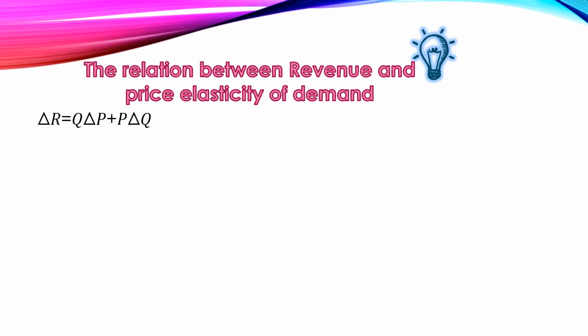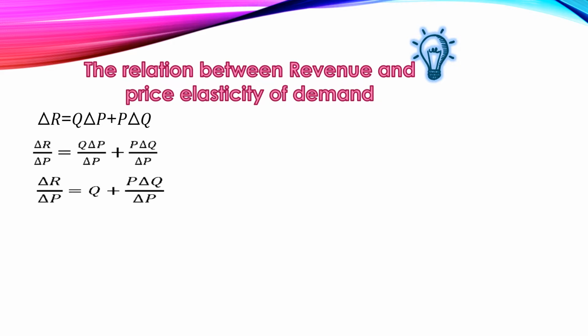By dividing the equation by change in price, we get change in revenue over change in price equals quantity times change in price over change in price plus price times change in quantity over change in price. Change in price cancels with change in price, so we get change in revenue over change in price equals quantity plus price times change in quantity over change in price.